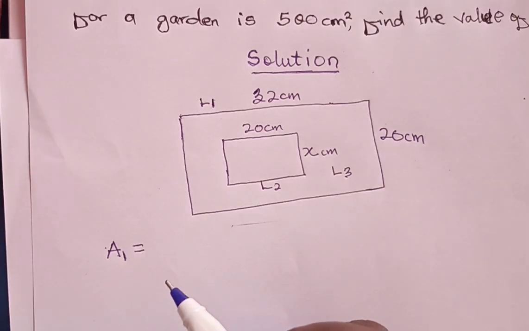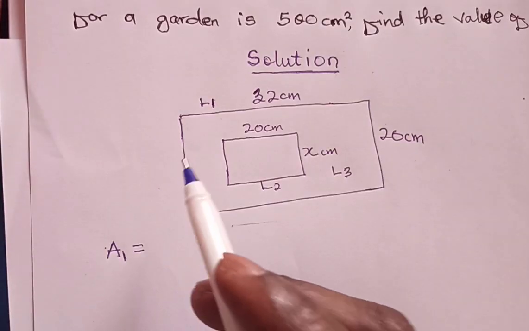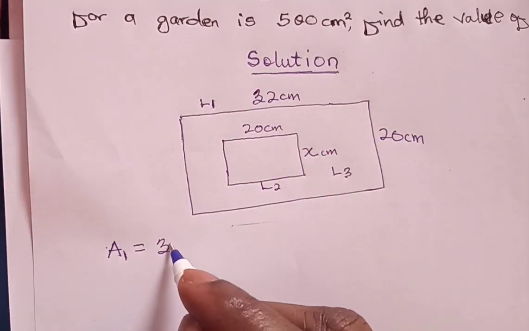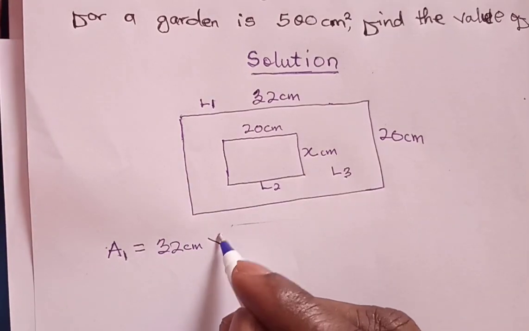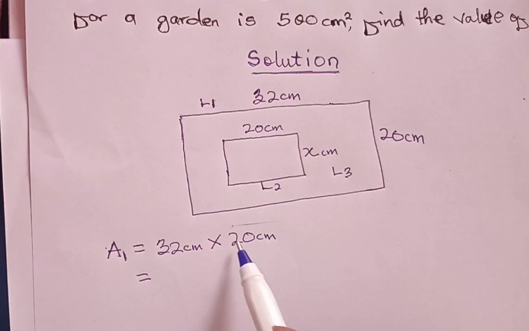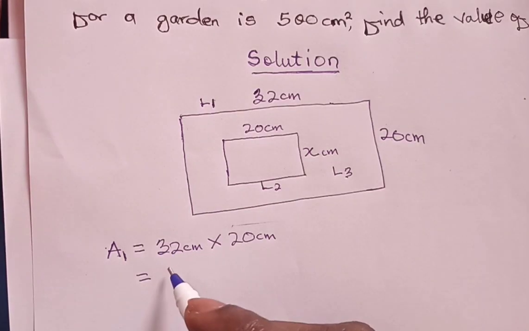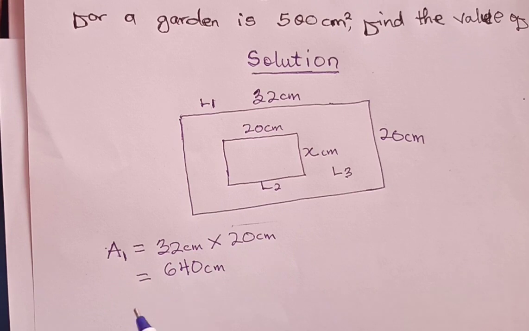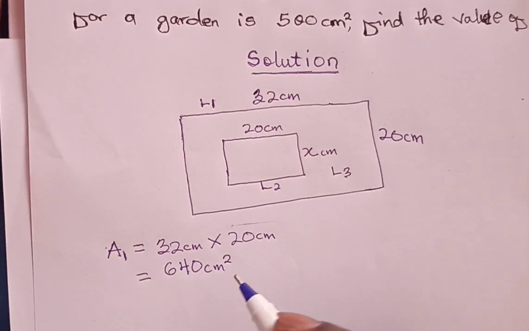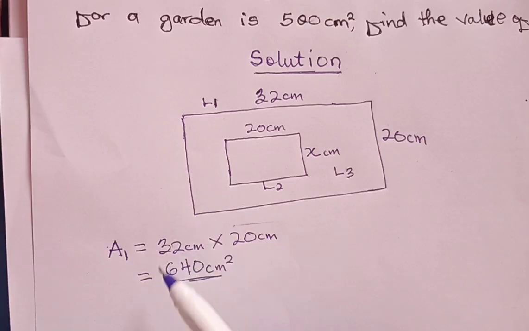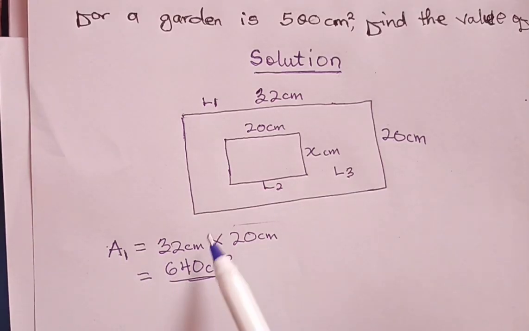It will be 32 centimeters times 20 centimeters, which gives us 640 centimeters. Because it is an area, we add our square. So for the whole plot of land, if you are asked to find its area, that is what you get.